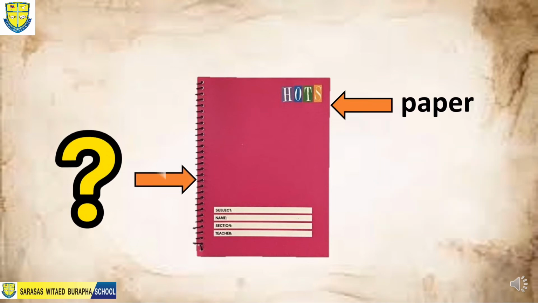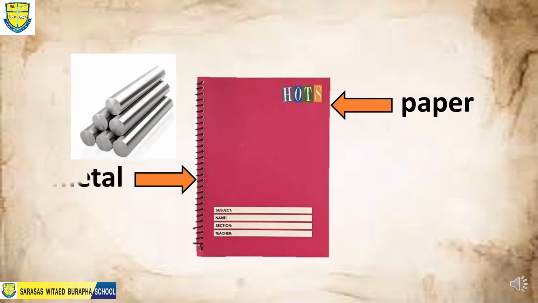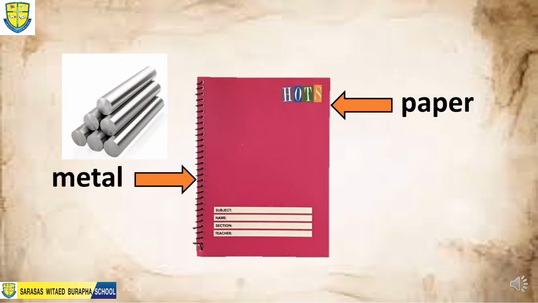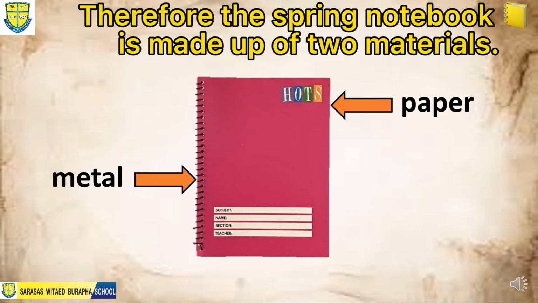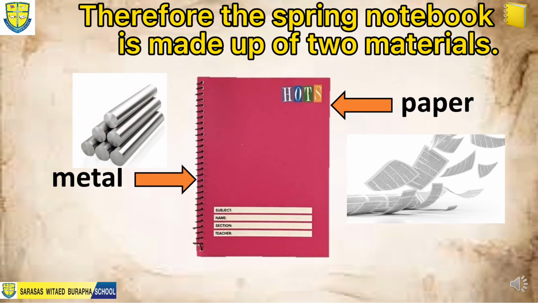While the spring of the notebook is made out of what material? If you said metal, your answer is correct. Great job! Therefore, the spring notebook is made out of two materials. It is paper and metal.